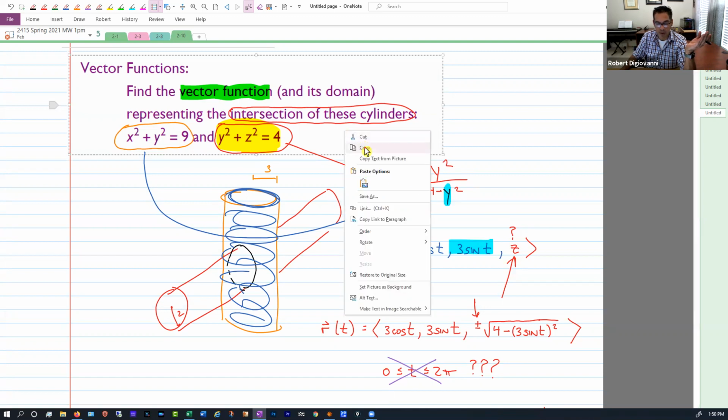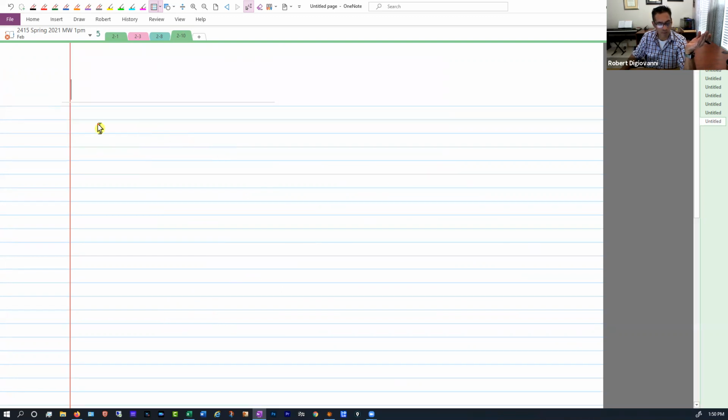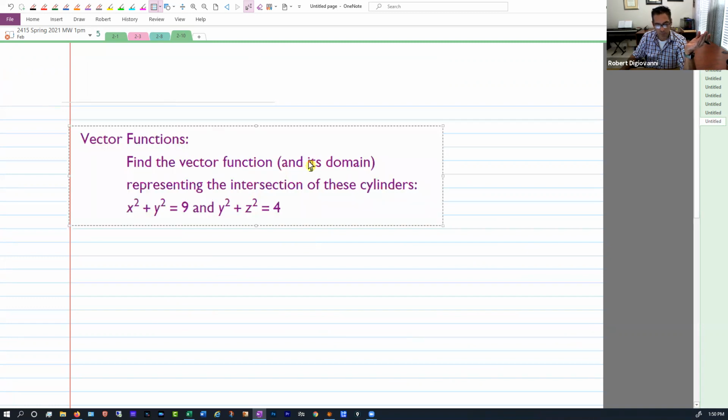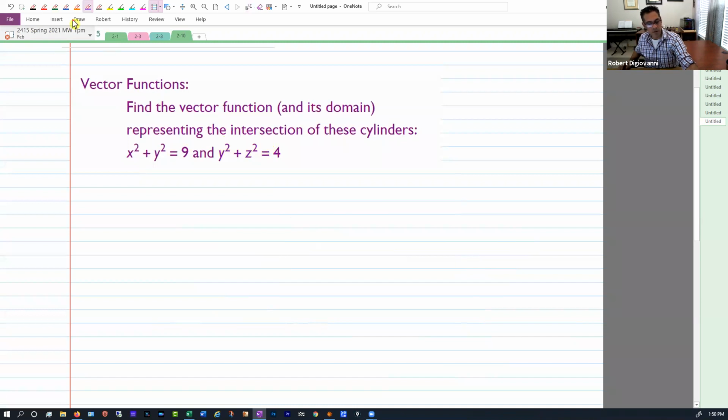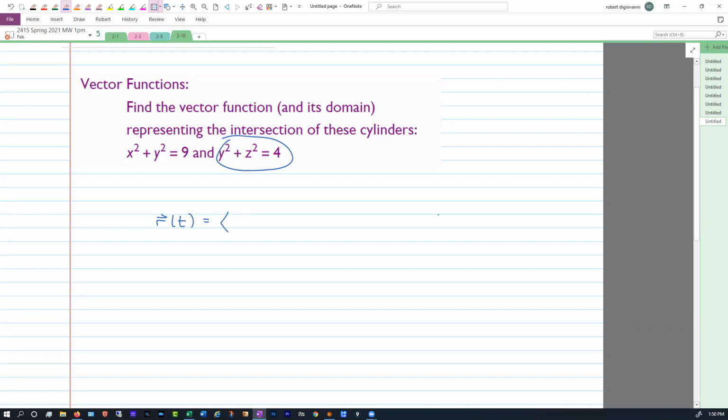Okay, I want to do something different now. Same problem. I just want to approach it slightly different. I'm going to draw this first, okay? So if I draw that, that's a circle of radius what? 2. 2 in which plane? In the x plane.